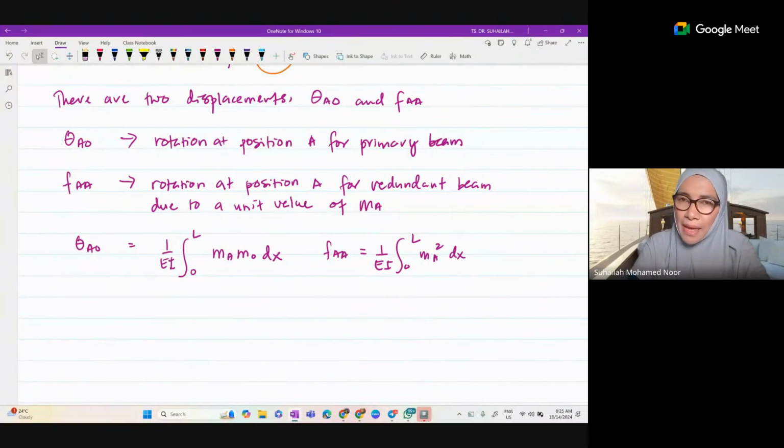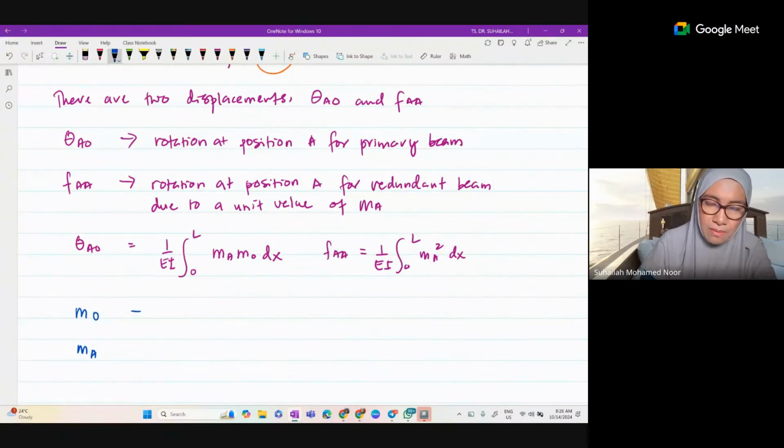So what is MA? What is M naught? Always remember that M naught is the symbol we use for the primary system. So inside this we have M naught first and MA. So what is M naught? Not MD, this is M naught.